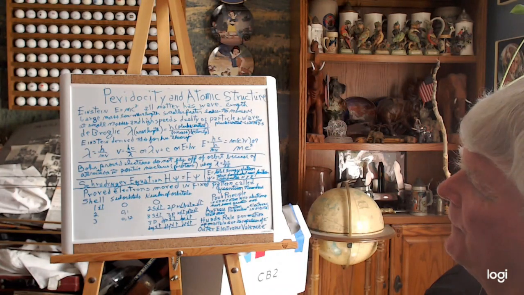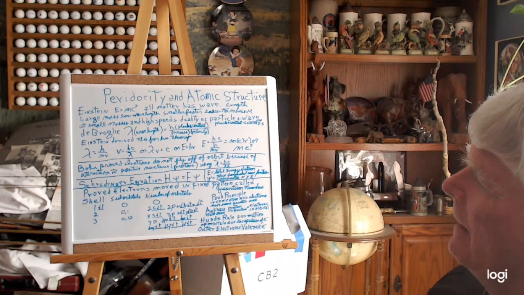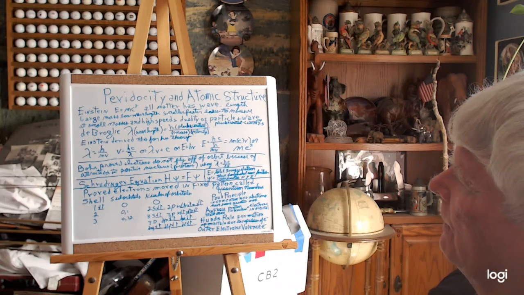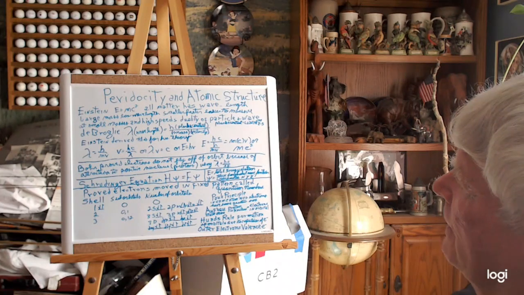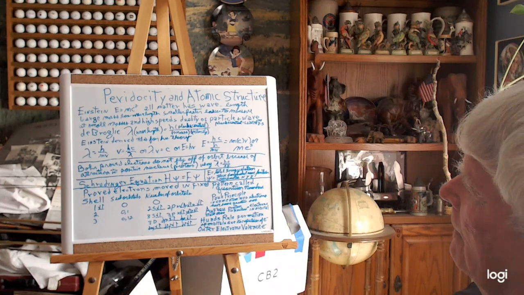We said wavelength is Planck's constant over mass times velocity. Then velocity would be Planck's constant times the speed of light divided by wavelength, or wavelength times velocity equals the speed of light, or E is equal to Planck's constant times velocity.